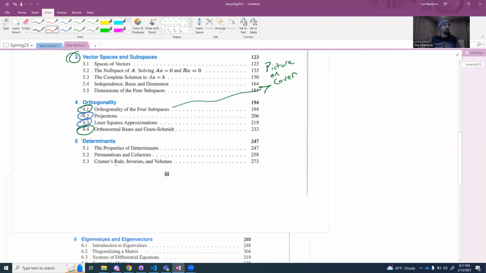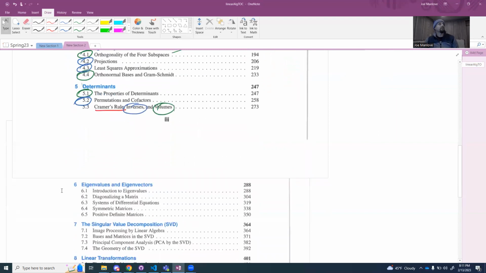Actually, I'm gonna go with, I teach Cramer's rule, I don't really need it. I definitely need volumes. Inverses, I'm kind of okay with. We maybe use that. I definitely use and need the determinant, and I could kind of take or leave this permutation cofactor crap.